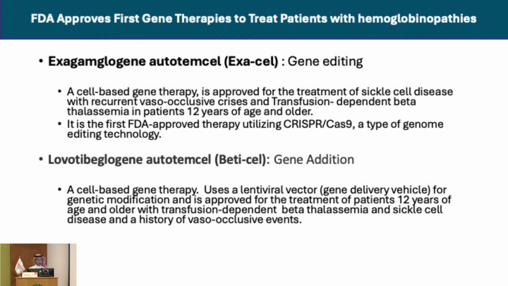In fact, it is the first FDA-approved therapy that is utilized for clinical use. The other one is beti-cel, which is gene addition that is also FDA-approved, and again, it was approved for patients with vaso-occlusive crises and patients with transfusional beta thalassemia older than 12 years.